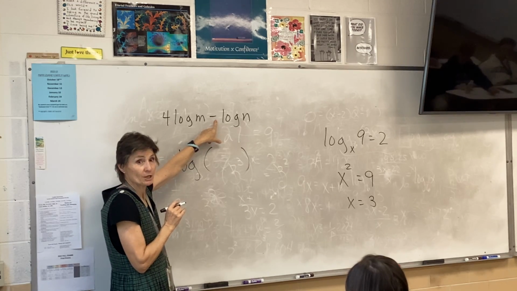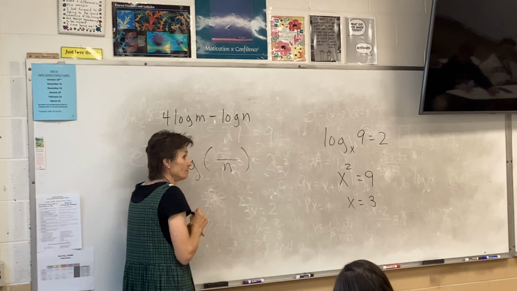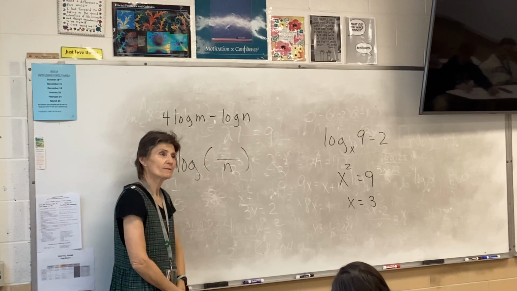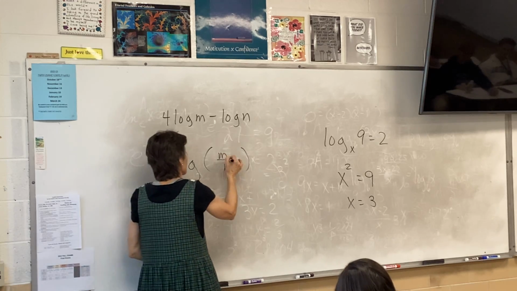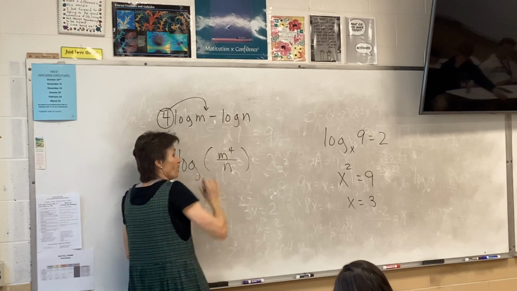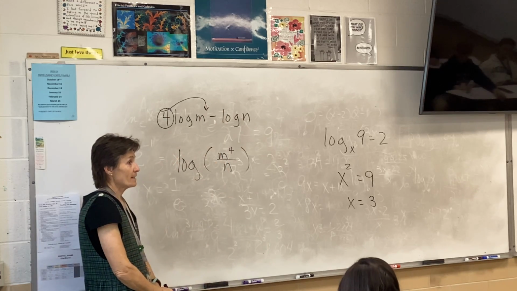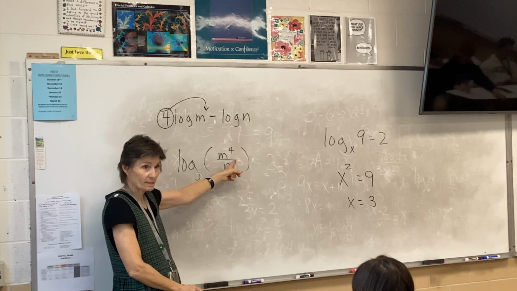That's going to be a division, and there's going to be an n on the bottom. What's going to go on the top? Be careful. M to the fourth, because a coefficient is an exponent. And since it's only with the m part, it only goes with the m.